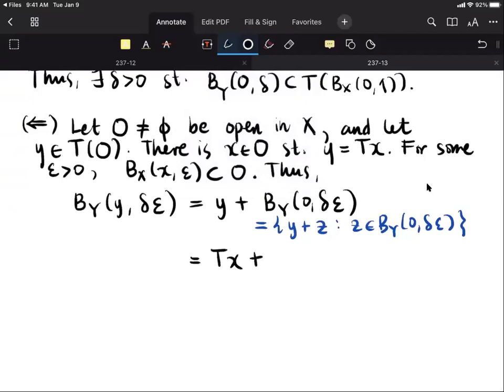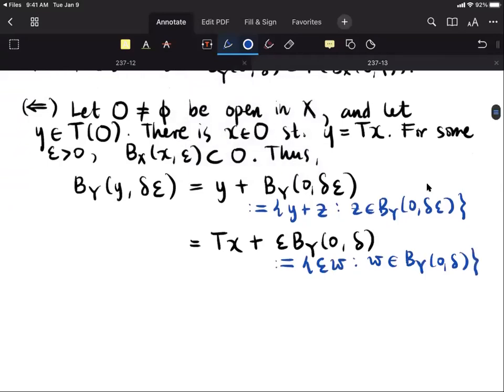and by scaling, this is equal to T of x plus epsilon times the open ball with radius delta. Again, this set is defined to be epsilon times w, wherein w is in this open ball. So you scale each element of the open ball.